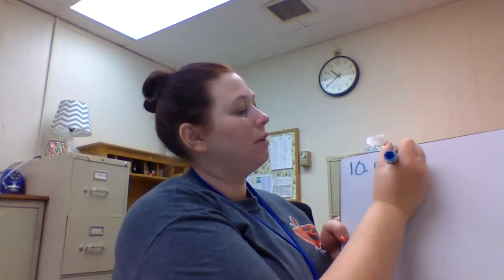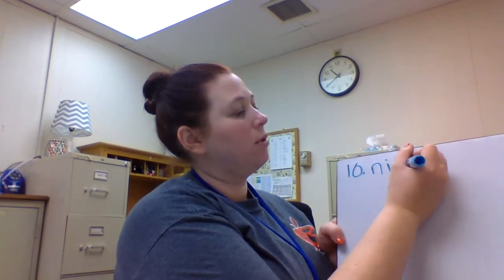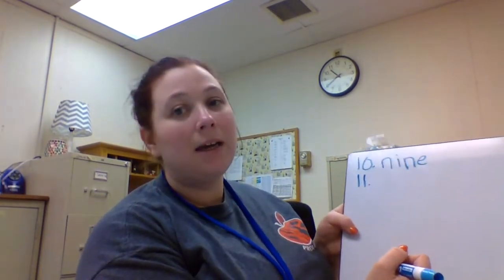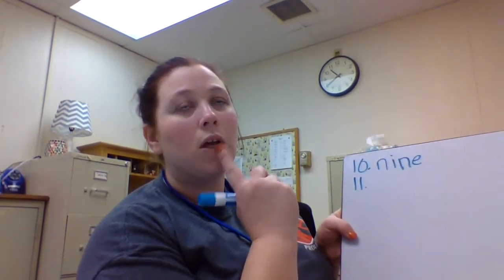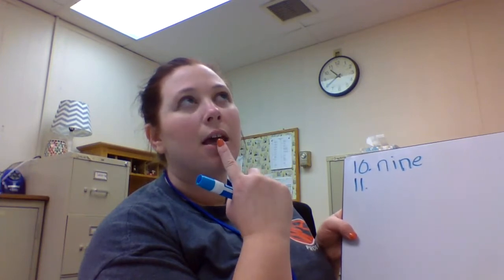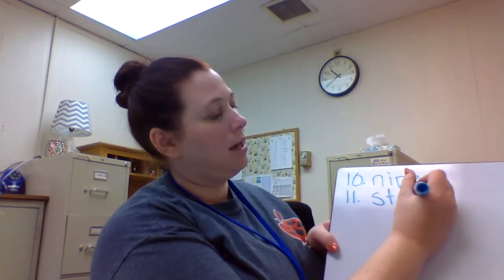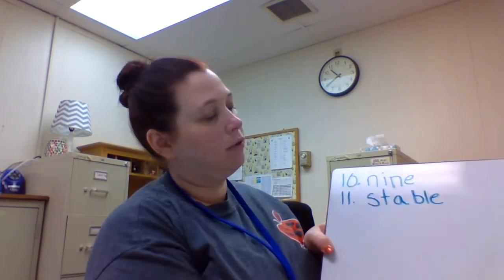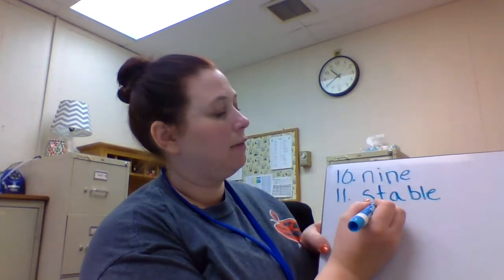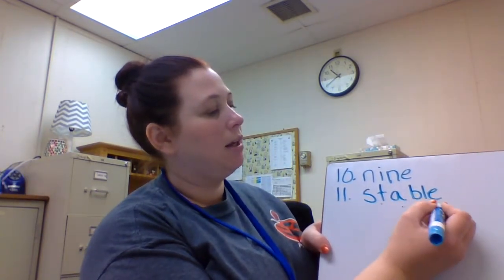So we know that that's going to be there, and then when we put our other n, we're going to have the e to make it say its name. All right, number 11, our word is going to be stable. Stable. That's our bull sound, B-L-E. S-T-A-B-L-E.